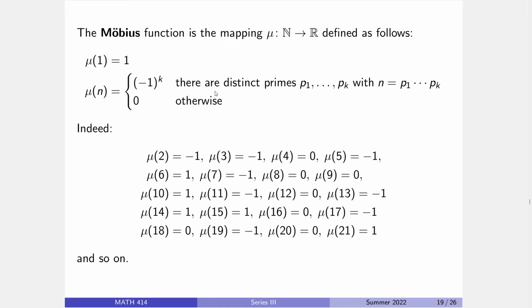If you actually compute some values of the Mobius function, you notice that it seems pretty random in its behavior.